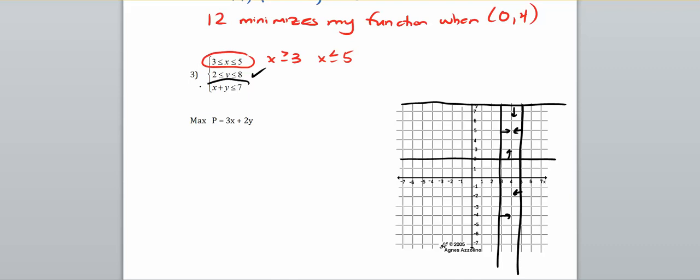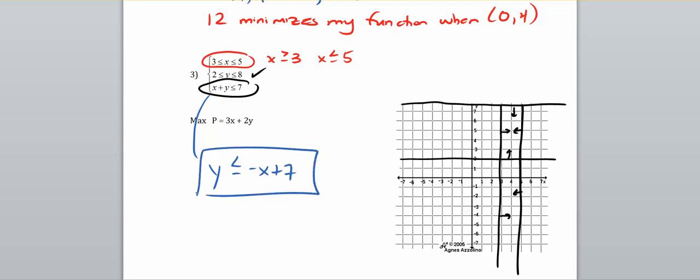However, now we also have a diagonal line. I'm going to do this in blue just to help you see it. Whenever I have a diagonal line or a multivariable inequality, I need to solve for y. So if I subtract x over, I'm going to get y less than or equal to negative x plus 7. So I need to go to 7 on my y-intercept and then go down 1 over 1.